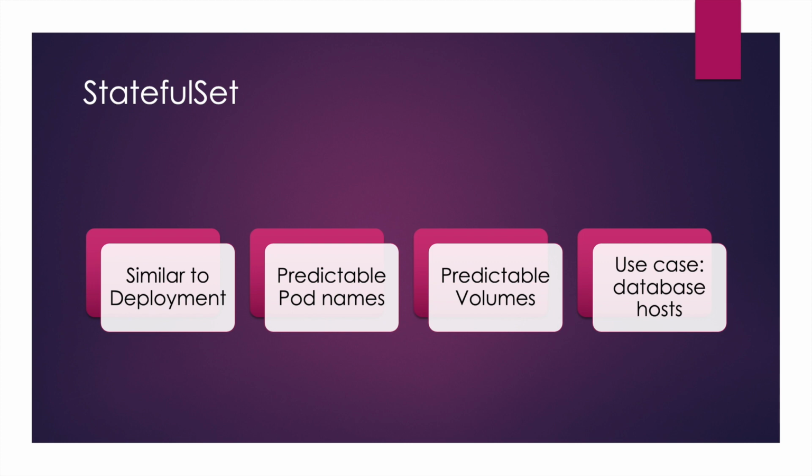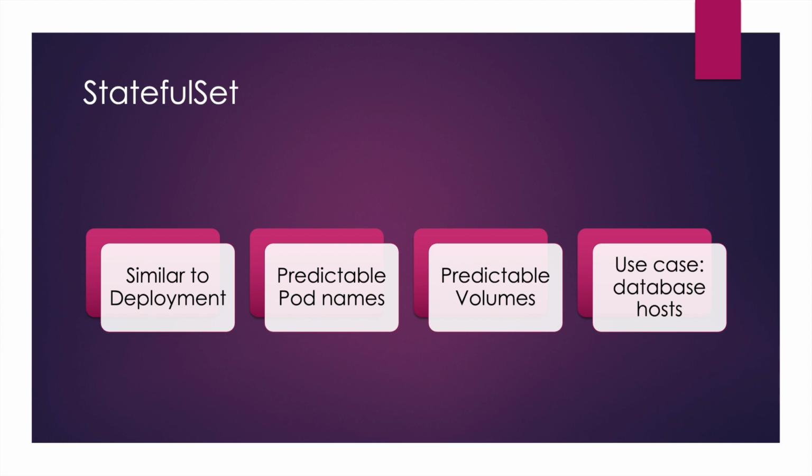So what's the use of it? Its use is to say we want to have a pod that runs our database, and we want to connect to our database. We can use that pod's name to connect to that database, and the volume it creates is similar.